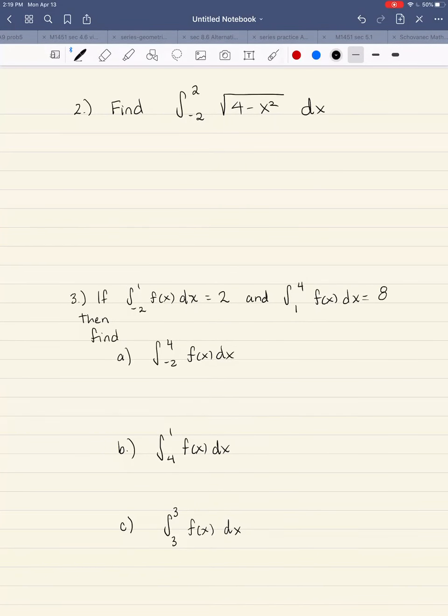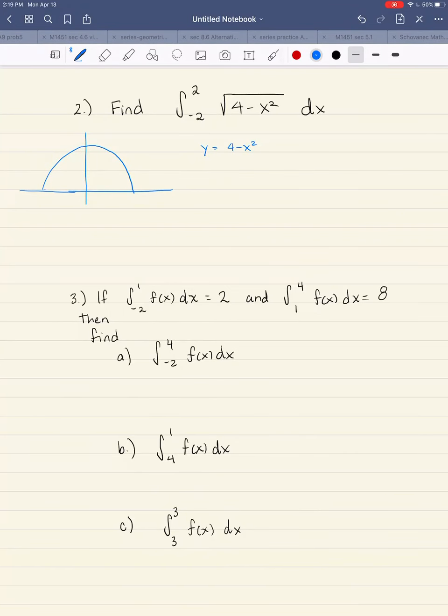Now in the next one, we can't use calculus to integrate this. We don't know how to integrate the square root of 4 minus x squared. But we do know that this thing is area under a curve, so all we've got to realize is that this thing here represents the area of the top half of the circle, right?